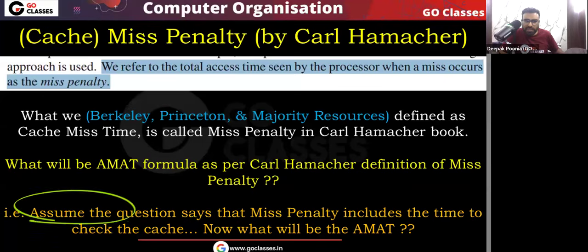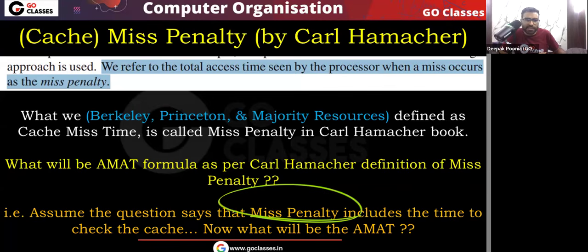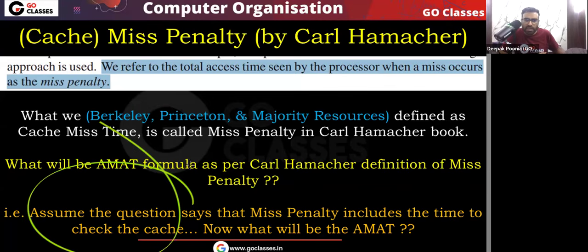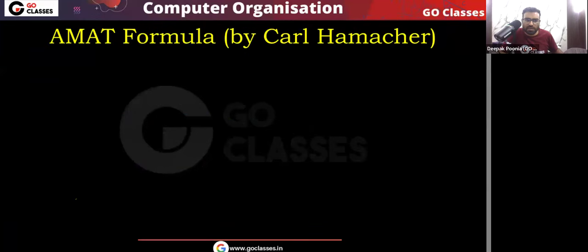For a moment assume that in the GATE exam question it is explicitly written that miss penalty includes the time to check the cache memory. Now can you tell me what will be the average memory access time formula? Let's see.